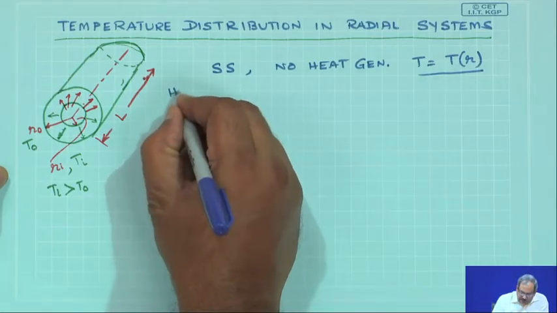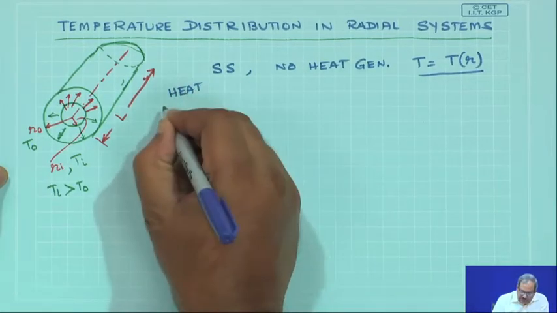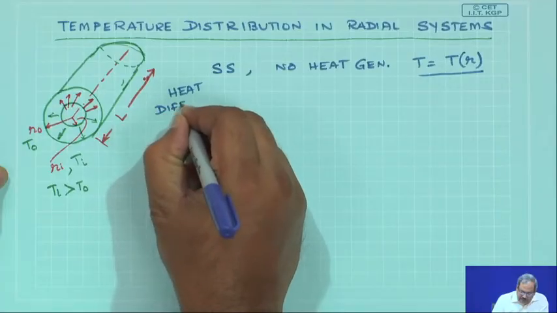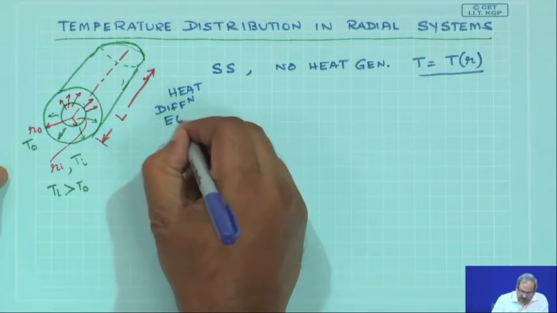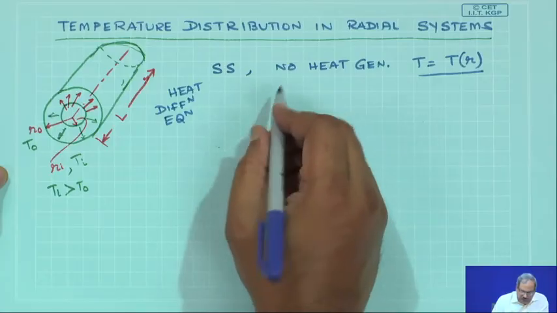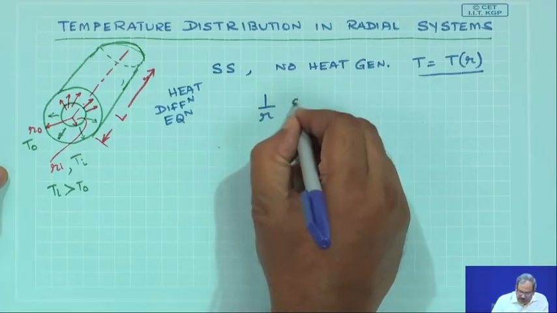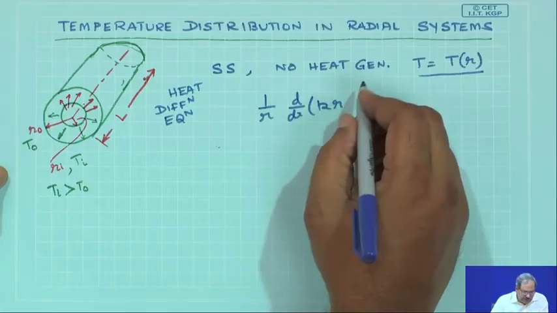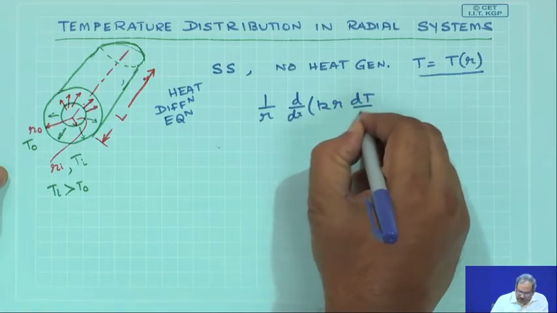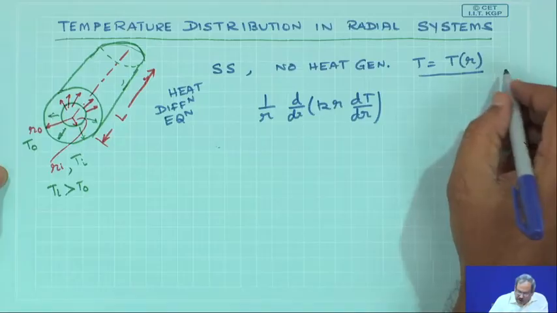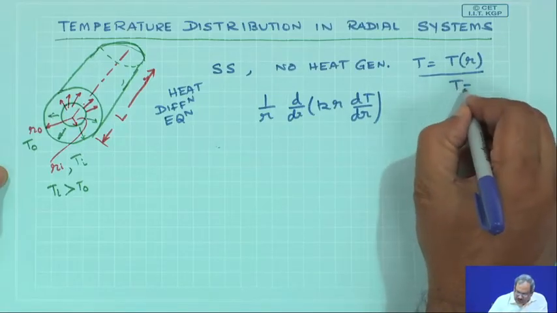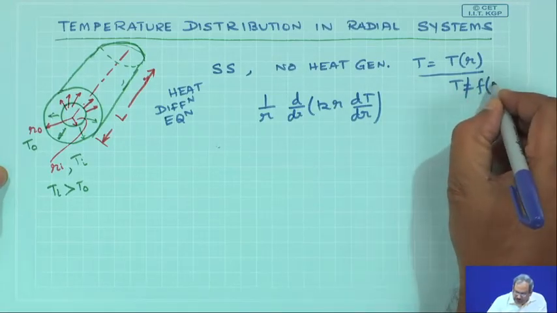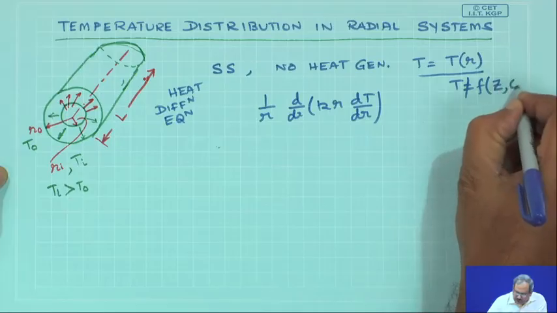Therefore, the heat diffusion equation for radial systems reduces to only this much, because T is not a function of either z or theta.